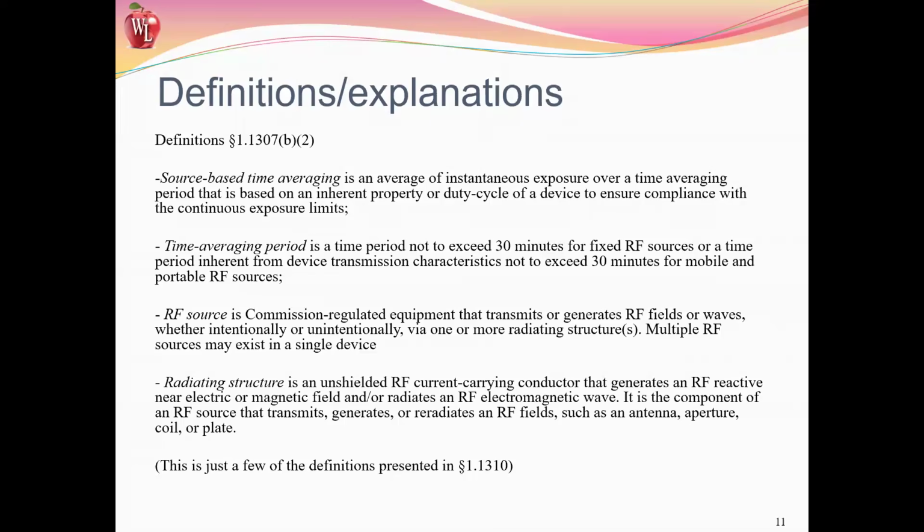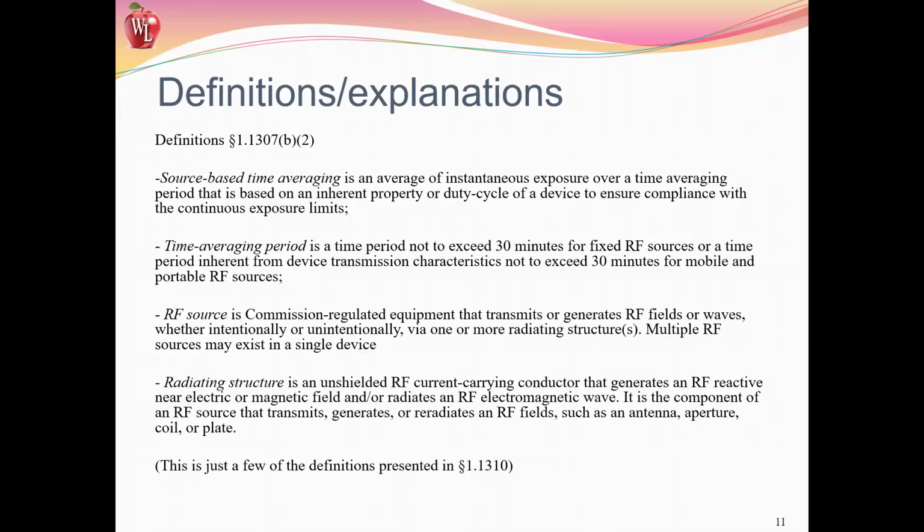An RF source is Commission-regulated equipment that transmits or generates RF energy waves, whether intentionally or unintentionally, via one or more radiating structures. Multiple sources may exist in a single device, and we can touch on that a little bit later.